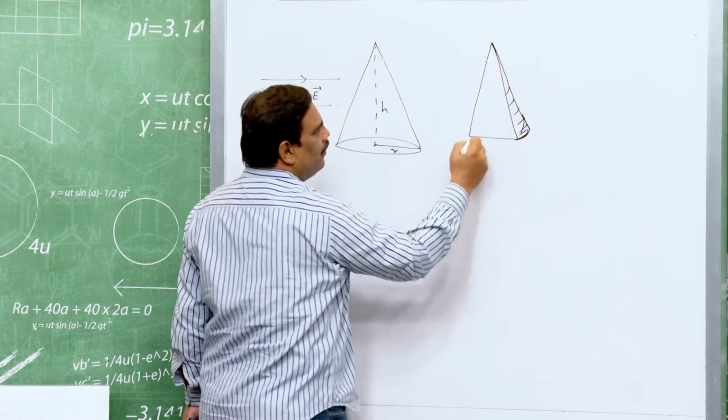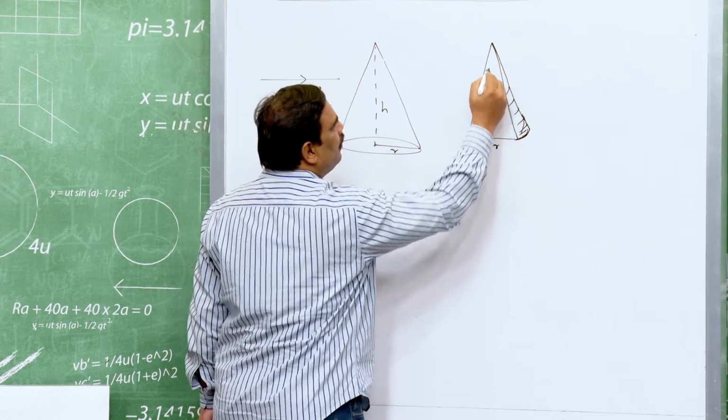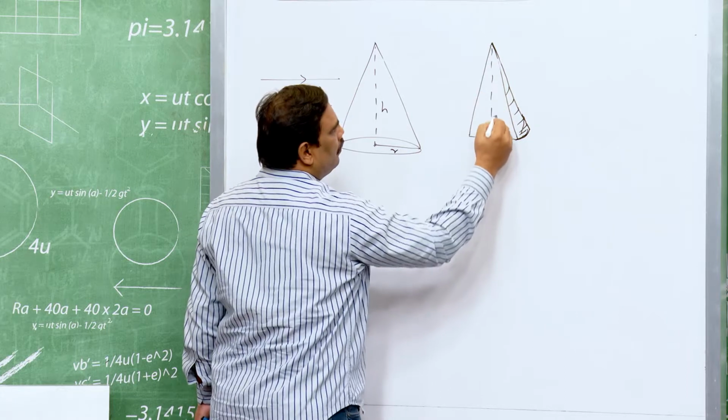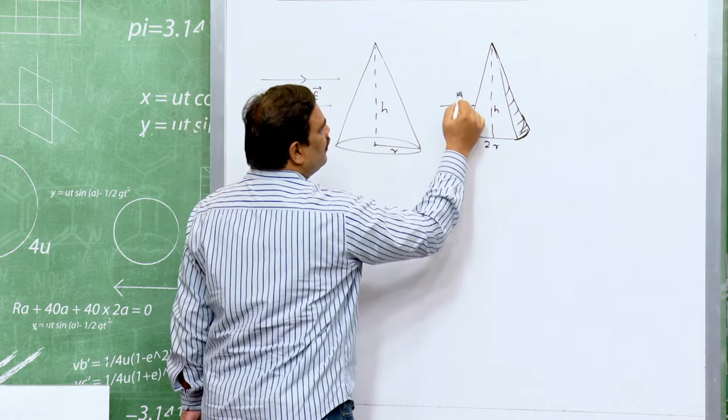It is roughly in the form of a triangle having base equal to 2r and height equal to h, and this is my electric field.